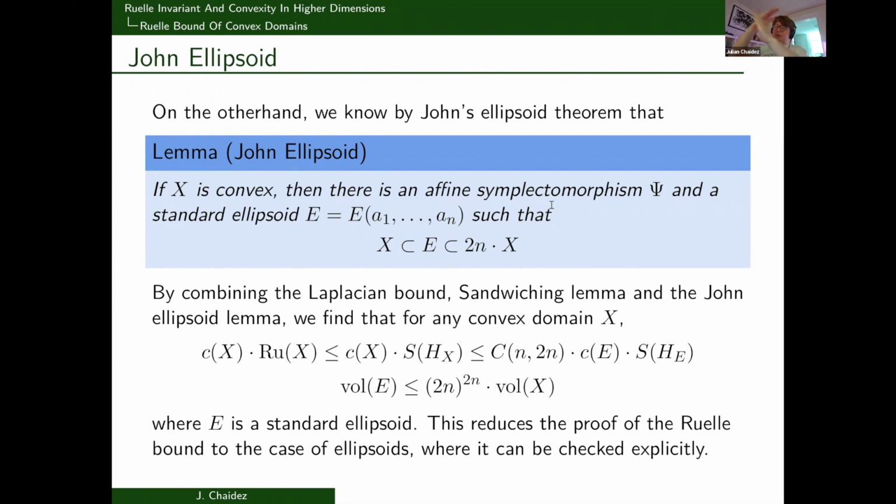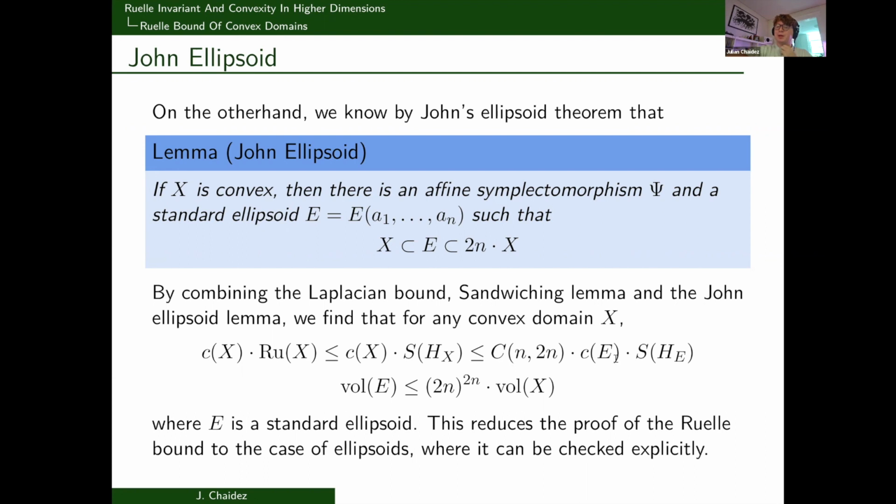So that means X fits inside of E and E sits inside of a 2n scaling of X. And so now to prove this Ruelle bound, all I have to do is say that the systole times the Ruelle invariant is bounded above by the systole times this Laplacian integral. And this Laplacian integral is bounded above by the Laplacian integral for an ellipsoid multiplied by some constant. And then I can upper bound that whole thing.